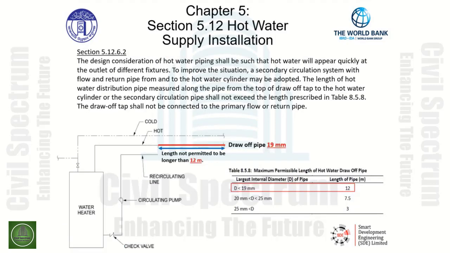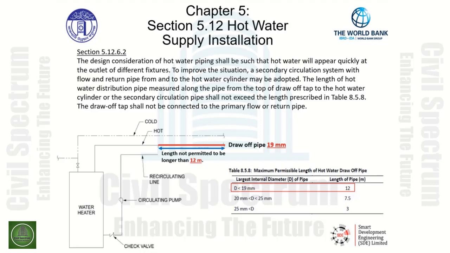In section 5.12.6.2, we are given that the design consideration of hot water piping shall be such that the hot water will appear quickly at the outlet of different fixtures. To improve the situation, a secondary circulation system with flow and return pipe from and to the hot water cylinder may be adopted.